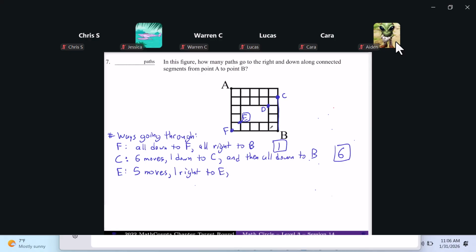But then similarly, when I go from E to B, there are 1, 2, 3, 4, 5 steps of which one is down to B. So there are 5 ways to get to E and then 5 ways I can get to B, and these things are independent.